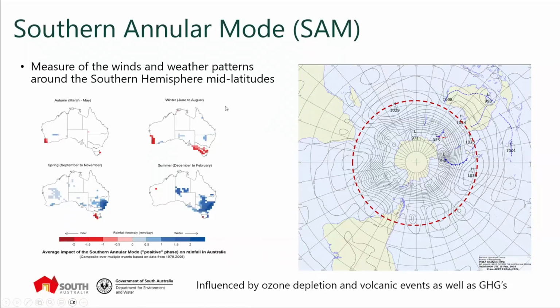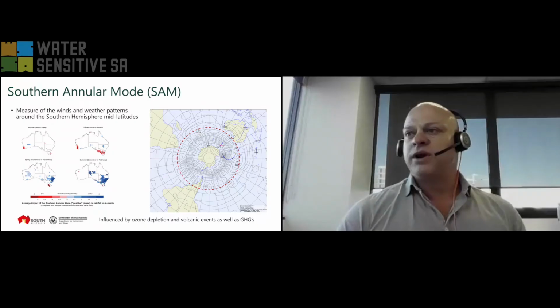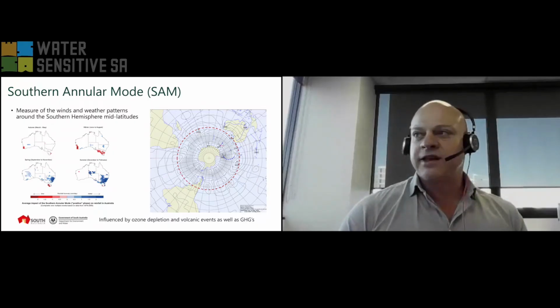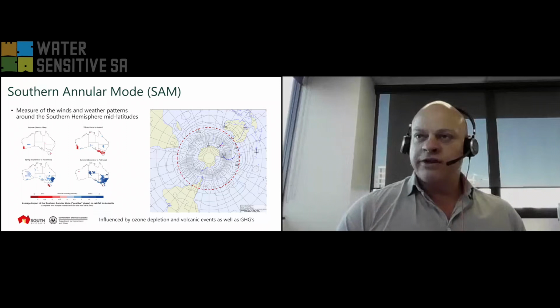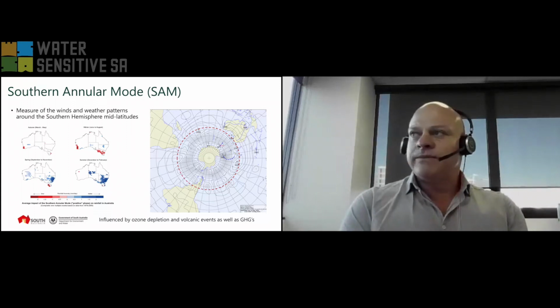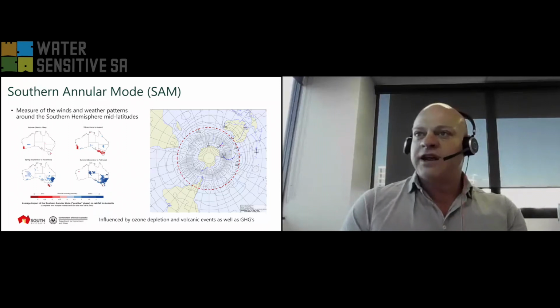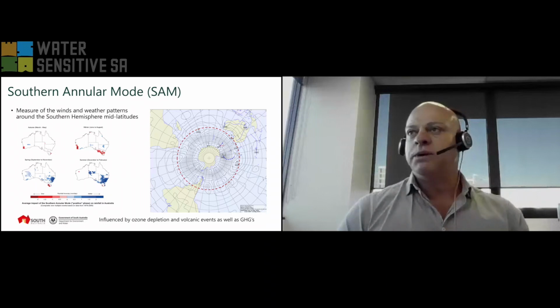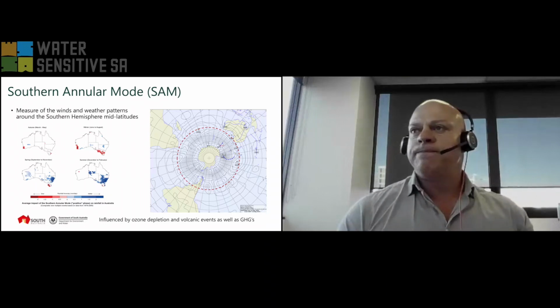So greenhouse gases make SAM more positive, but ozone depletion also impacts SAM. There's a springtime and early summer influence from the Southern Annular Mode, which has been impacting weather patterns over the last few decades. I'll touch on that a little more later on.